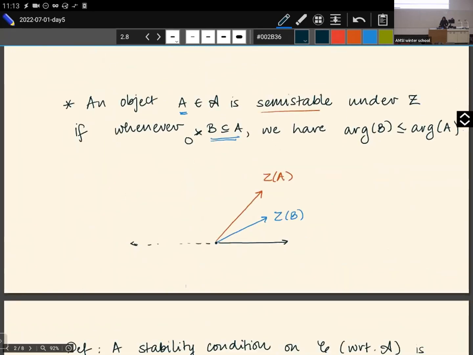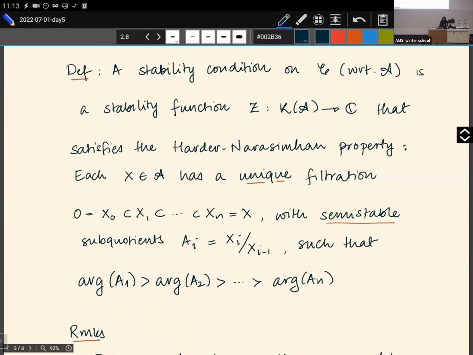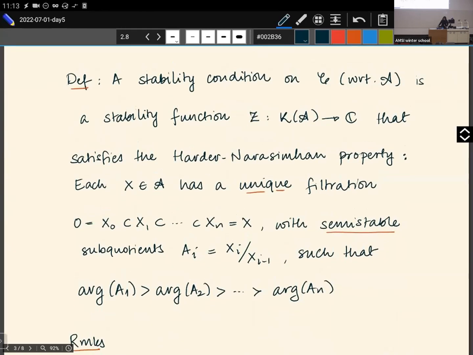So here's now a definition, a stability condition on my category C, and now I'm saying in brackets, with respect to my chosen heart A, is a stability function which satisfies a certain extra property, which is called the Harder-Narasimhan property or the HN property. And this is exactly saying that I can break up each object into semi-stable subquotients.